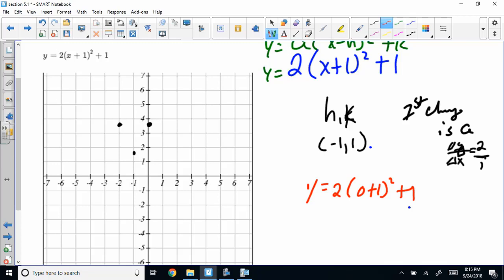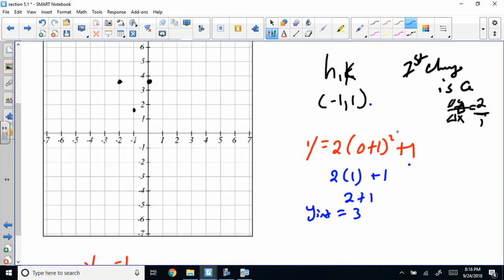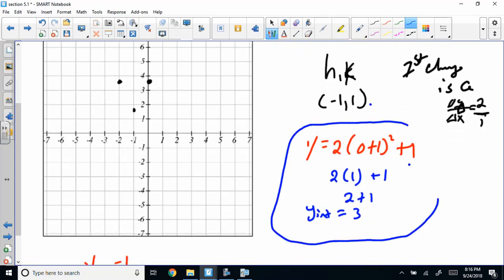Because when I want the y-intercept, x is what? That's right. So that's 2 times 1 squared, which is what? 1, and 1 times 2. So that's 2 plus 1, which is what? That's 3, right? All right. Any questions? So you can always do that. That's always a go-to right here.